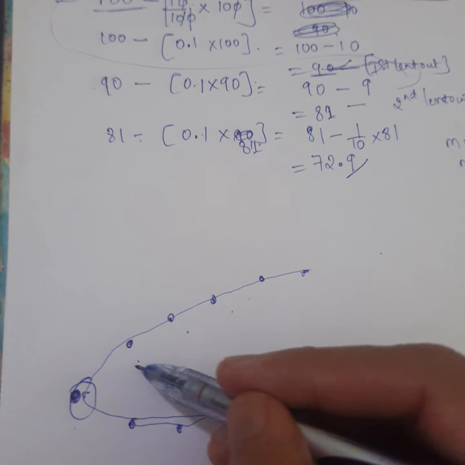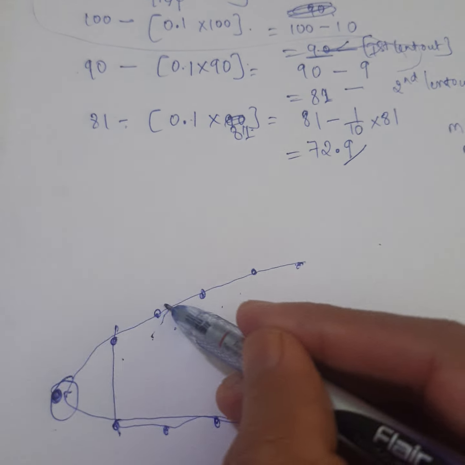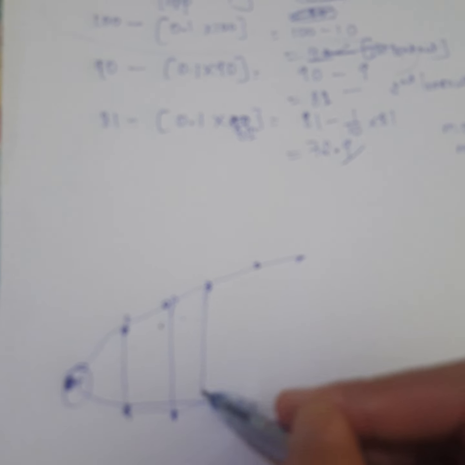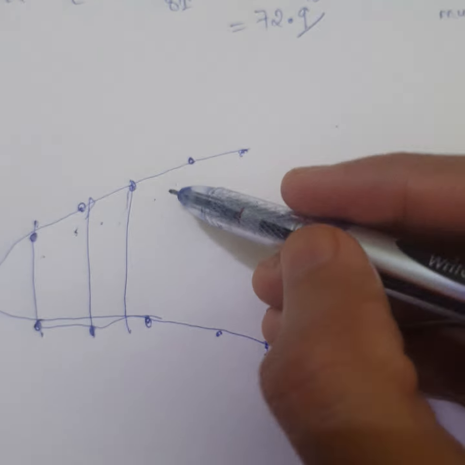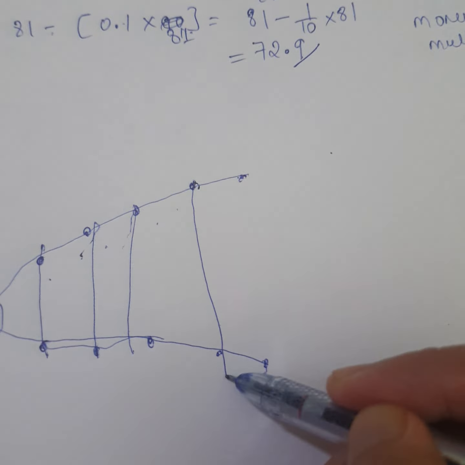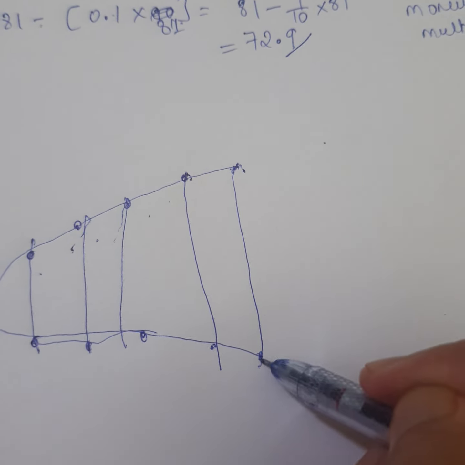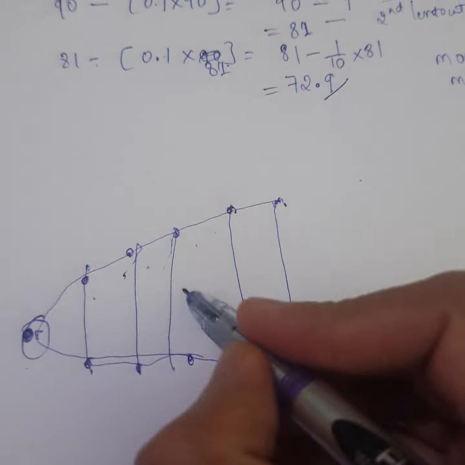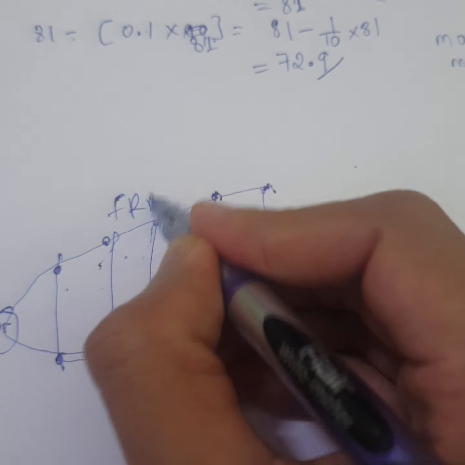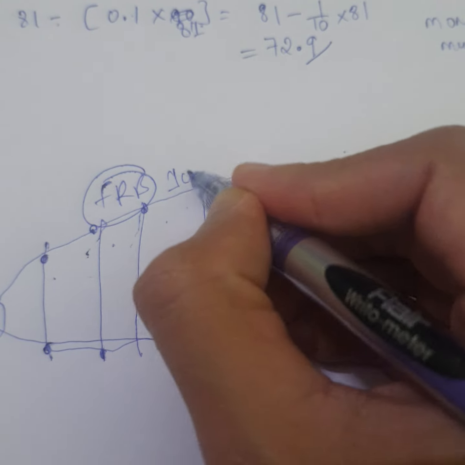This is how 1 and 2 are interconnected, and this 1 and 2 are interconnected. This is what fractional reserve banking is. This is called FRB, fractional reserve banking, with a 10% reserve ratio.